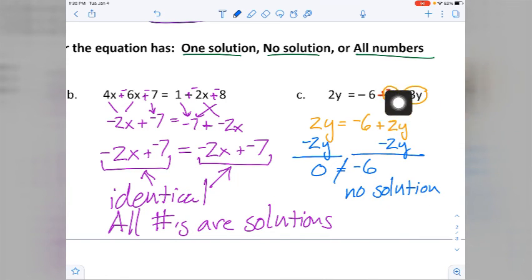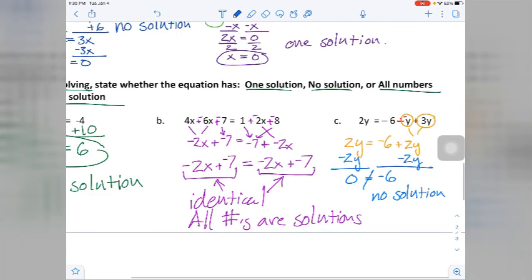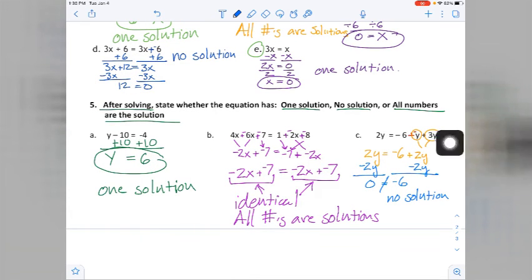If you said one solution but you got this part correct, then you made a small mistake here, but everything else you did after that mistake would have been correct, hopefully. If you didn't make any other mistakes, then I might have given you credit for saying one solution there.